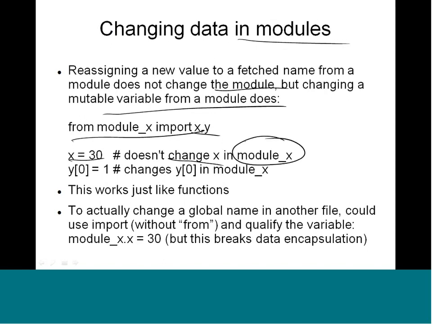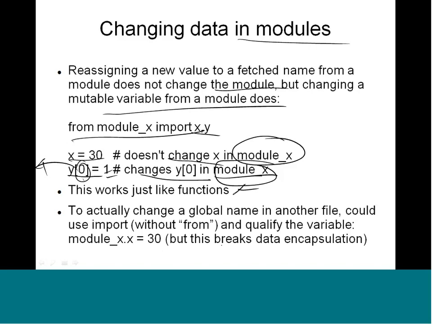This is something that we talked about earlier. But if you put Y[0] equal to 1, that actually changes Y[0] in module X, because now it has no bearing on your own module, and it needs to go back to module X to find out what Y[0] is and then change that.